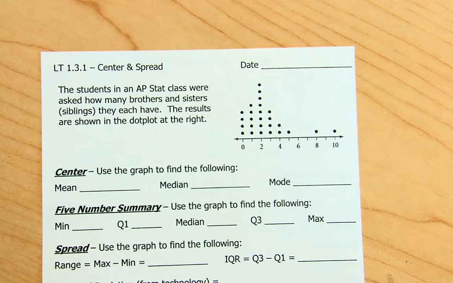Okay, so let's look at this page, center spread. So this is going to incorporate some of the ideas that we just talked about in our foldable and looking at some data sets.